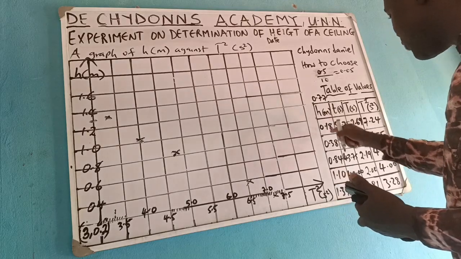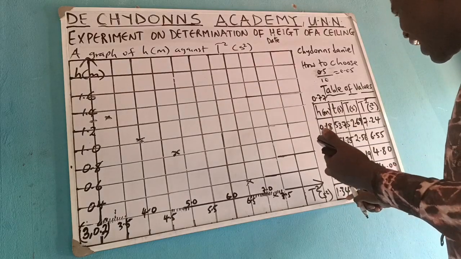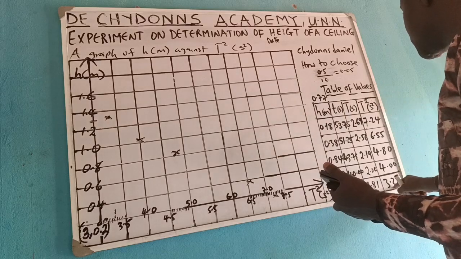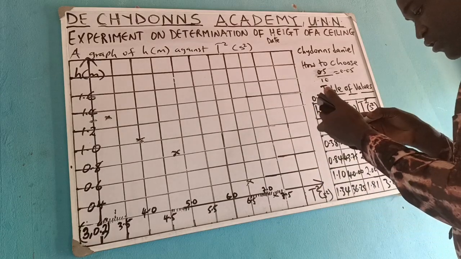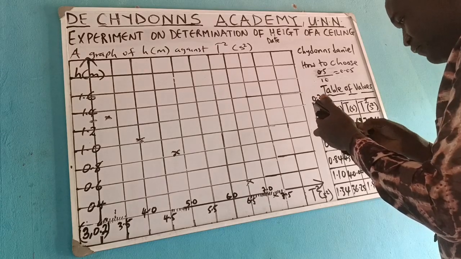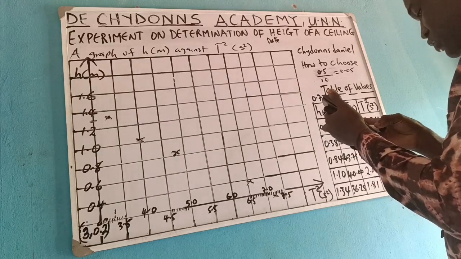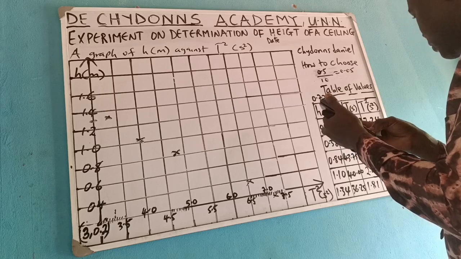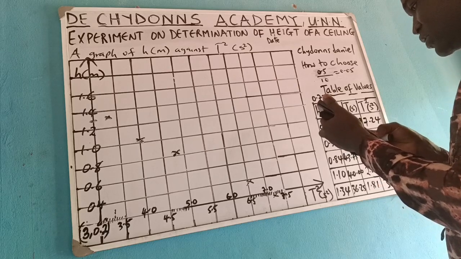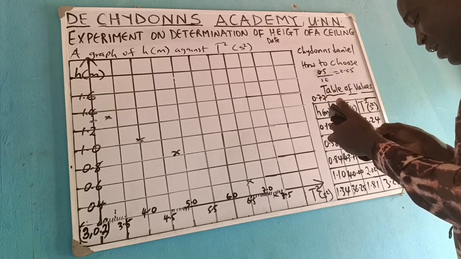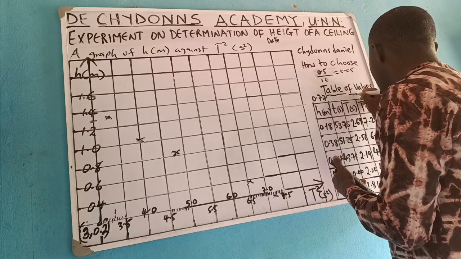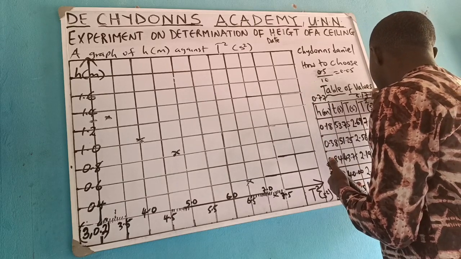So add up all the values of h and divide by 5. Then add up all the values of t square and divide by 5: 7.24 plus 6.55 plus 4.8 plus 4 plus 3.28, and that divided by 5 gives 5.17.